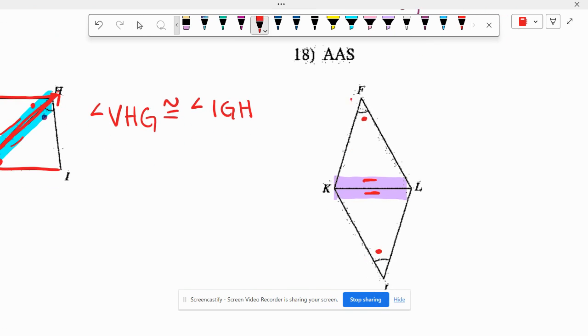So if I went this way, angle, angle, I would need to know what? This angle right here has to be congruent to this angle right here. That's angle FKL congruent to angle JKL.